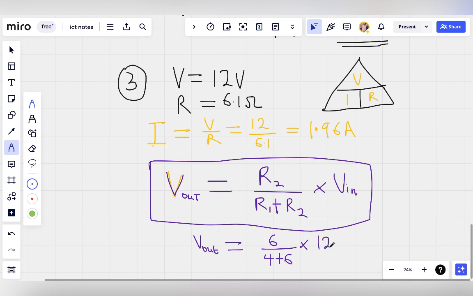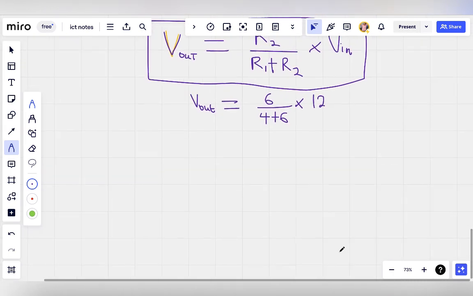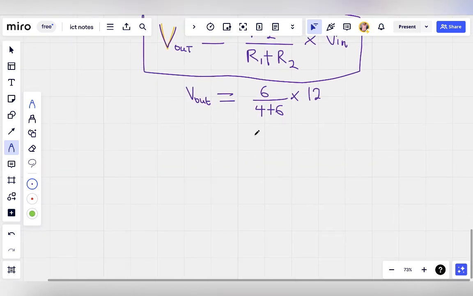If you add 4 plus 6, you get 10, so this gives us 6 over 10 times 12.